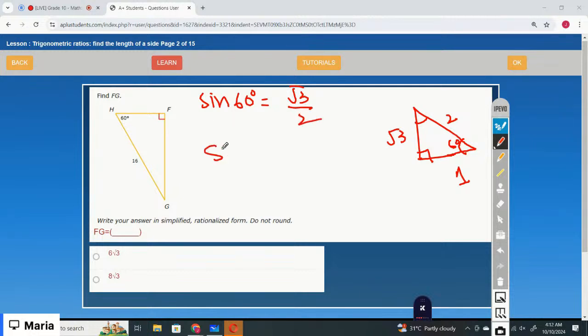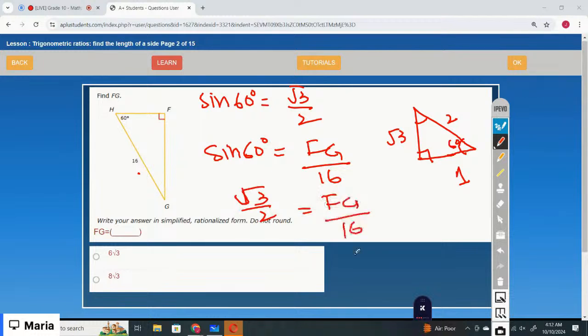For the given triangle, sine 60 equals FG divided by 16. So sine 60 is square root 3 over 2, that is FG over 16. Then FG equals 16 times square root 3 over 2, and 2 times 8 is 16. So FG equals 8 square root 3. Got it? The correct option is 8 square root 3.